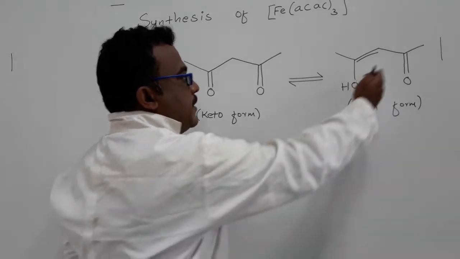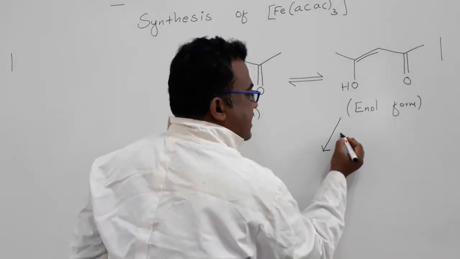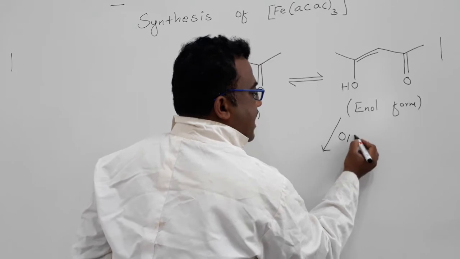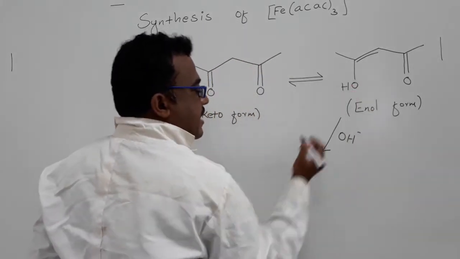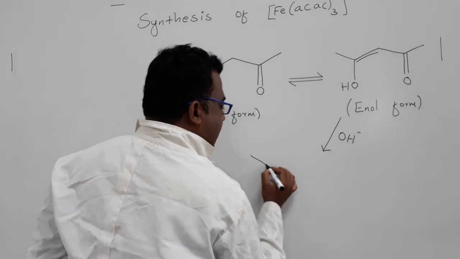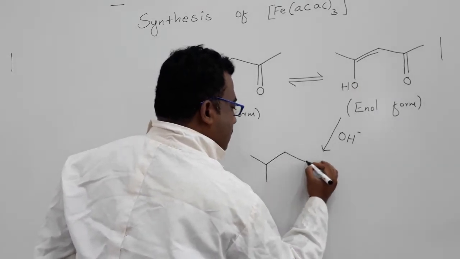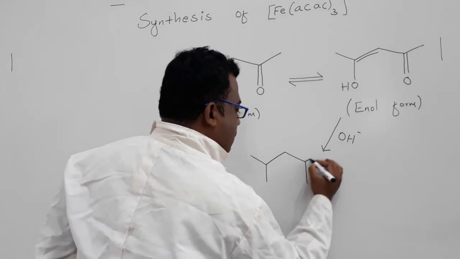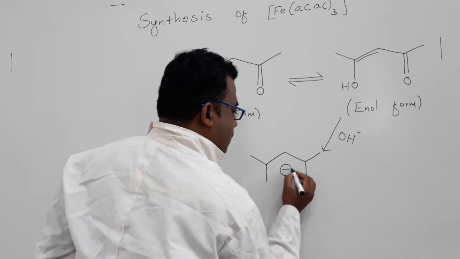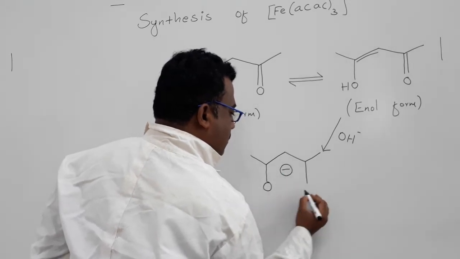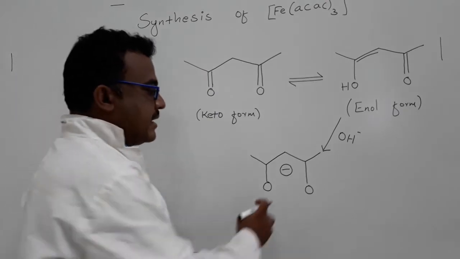Further, if you deprotonate this using any base, such as hydroxide, simple hydroxide can act as a base that can deprotonate the enol proton to form a bidentate monoanionic ligand.